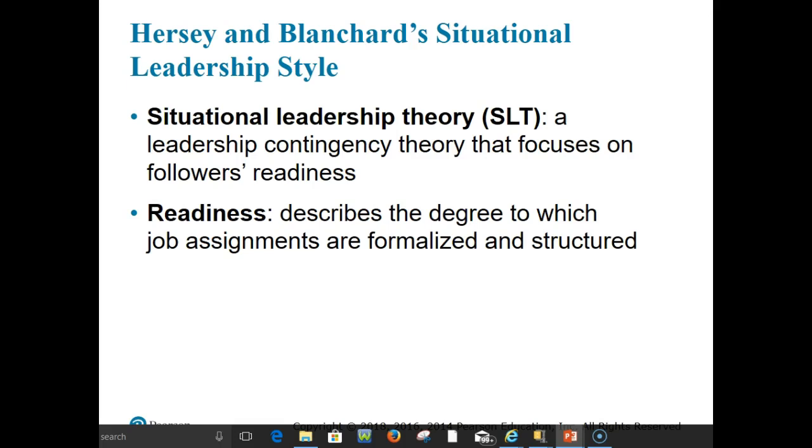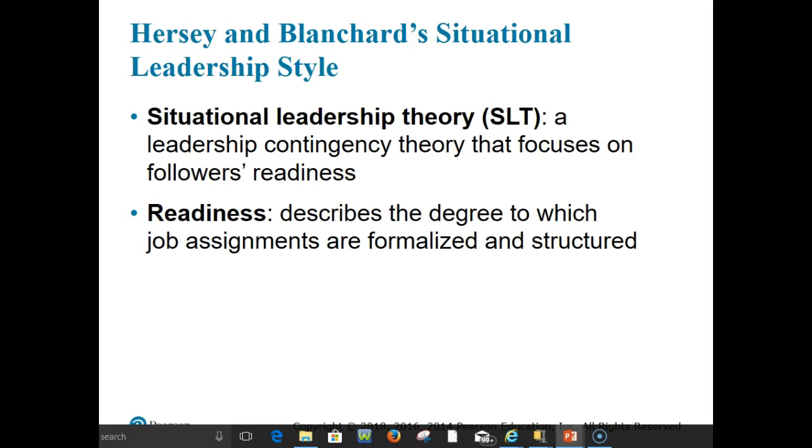And this model is called Situational Leadership Theory. It's the SLT. And it is a contingency theory that focuses on followers' readiness. Much of this has to do with, as I explained in previous chapters where I've referenced this theory, competence and commitment. So regardless of what a leader does, the group's effectiveness depends on the actions of the followers.